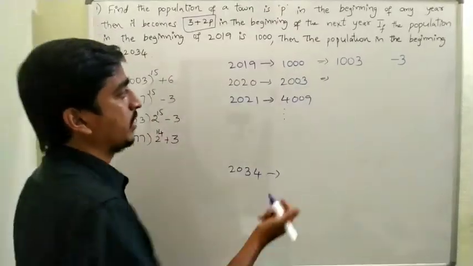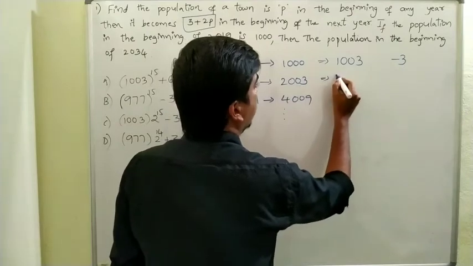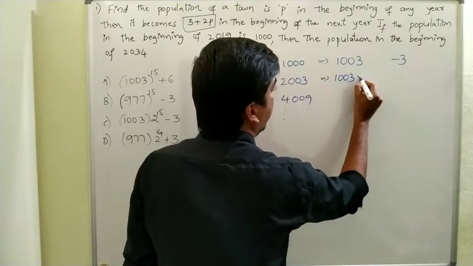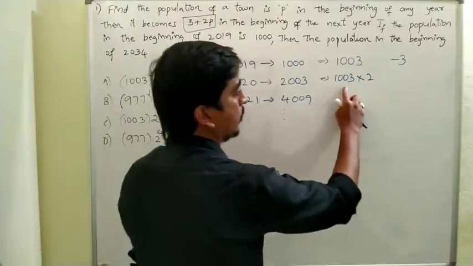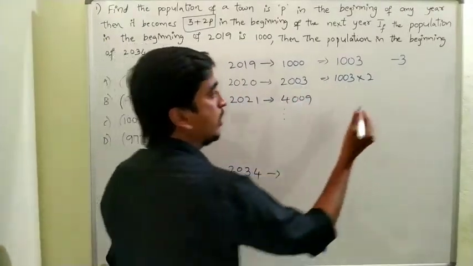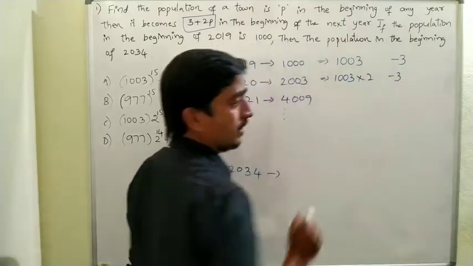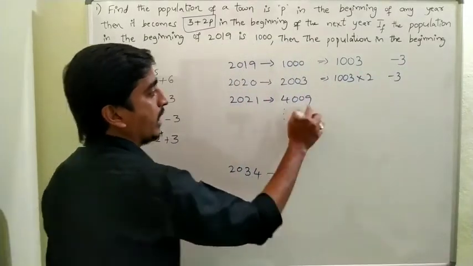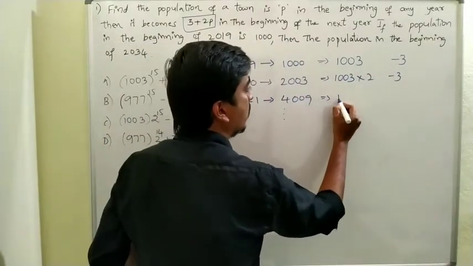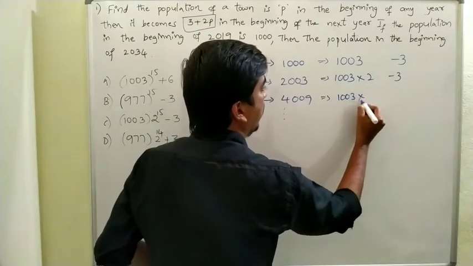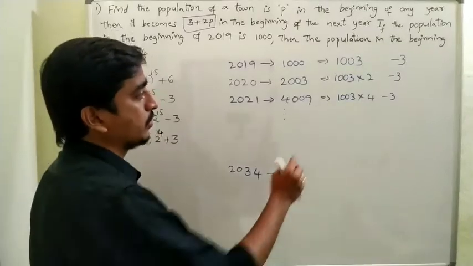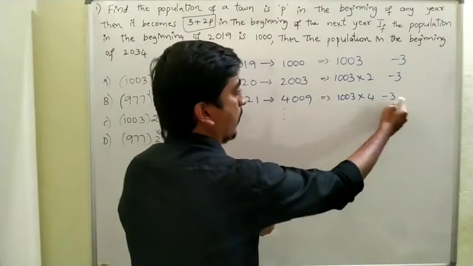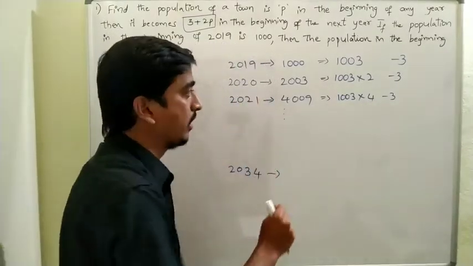Yes, we can write this as 1003 into 2, which becomes 2006, but here we have only minus 3. Next, for 4009, we can also write it as 1003 into 4 minus 3. So 1003 into 4, after doing the subtraction, we get 4009.